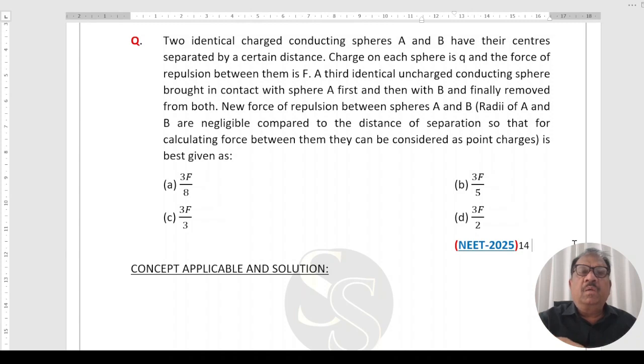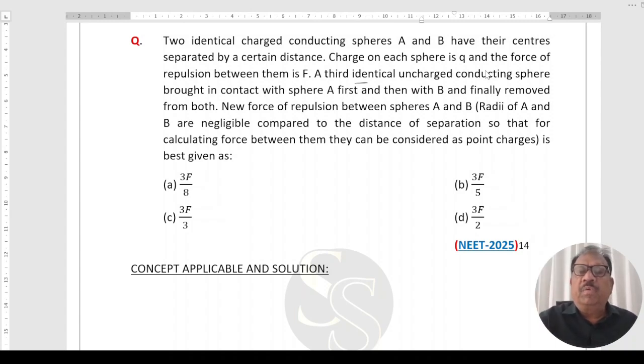Question is, two identical charged conducting spheres, be careful, conducting spheres, have their centers separated by a certain distance. Charge on each sphere is Q and the force of repulsion between them is F. A third identical, be careful, identical, uncharged conducting sphere is brought in contact with the sphere A first and then with B and finally removed from both.